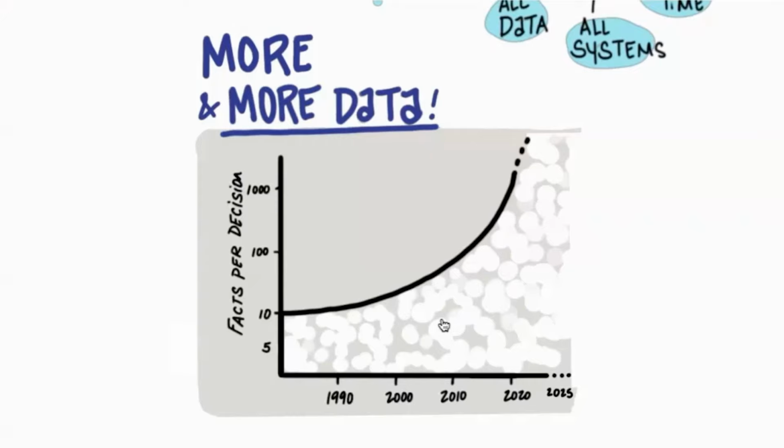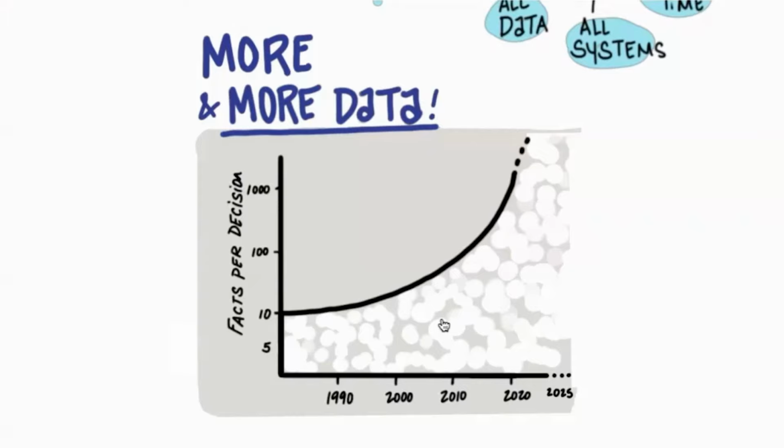His estimate was that in 1980, there were about 10 facts per complex decision in healthcare. And in 2020, by that estimate and the exponential growth of data, which is an estimate but seems a very reasonable estimate, there are 1,000 facts per complex decision in medicine.